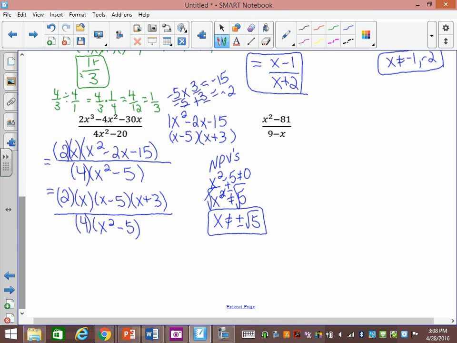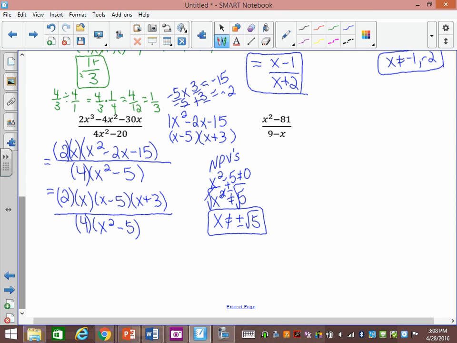And you don't state non-permissible values about the top, because it doesn't matter if the top equals 0. You can go 0 divided by any number, and it tells you it's 0. That's fine. You just can't divide by 0, so your denominator can't be 0. The only thing I can cancel off is I can take a 2 out of both of these. This is x squared minus 5. There is no x squared minus 5 on the top. There's an x minus 5, but it's not x squared minus 5.